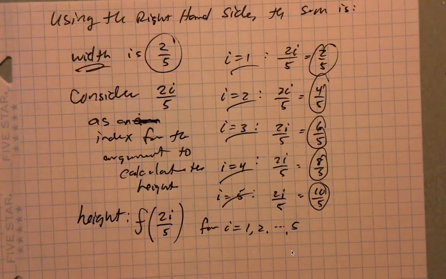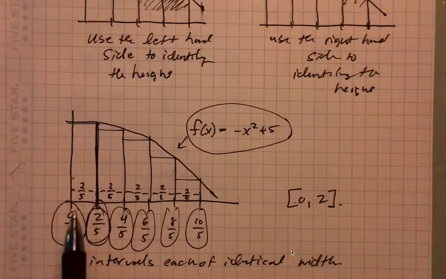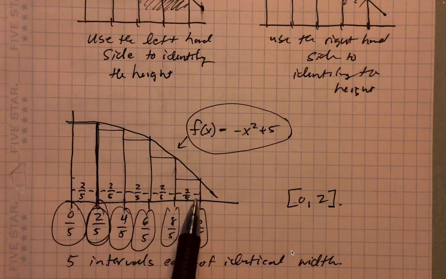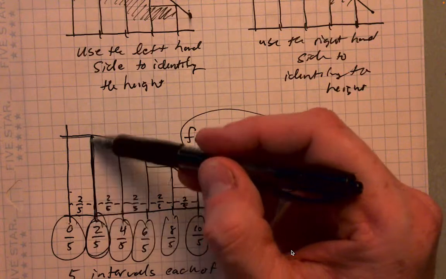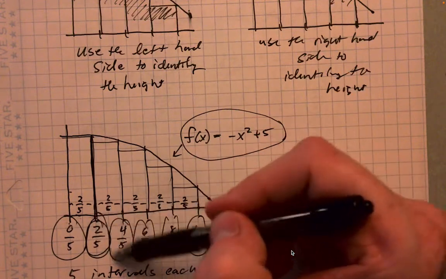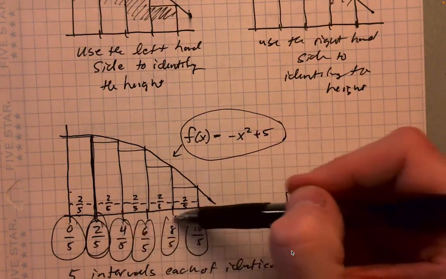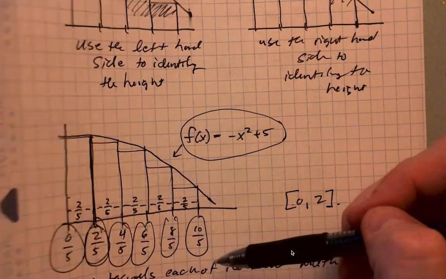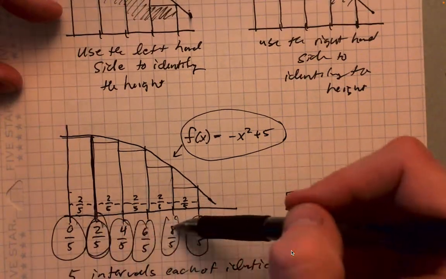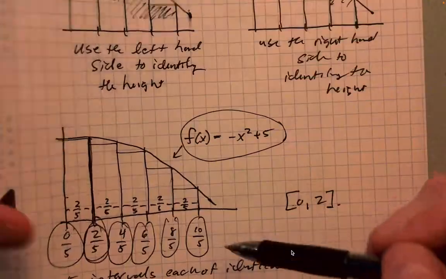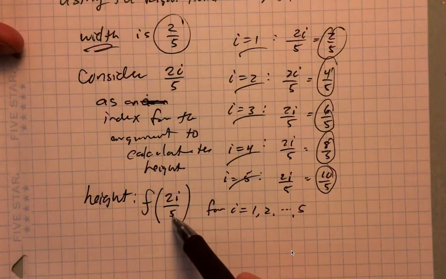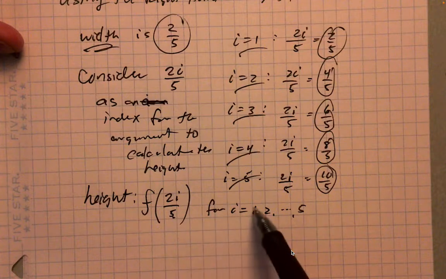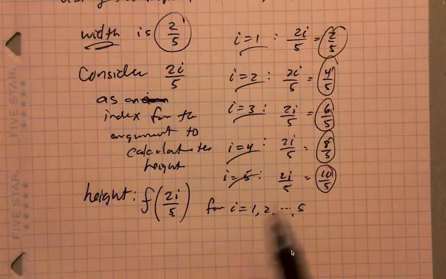So the width is always 2/5. The height is going to be the function evaluated at 2/5, then at 4/5, 6/5, 8/5, 10/5. A convenient way to write this is f of 2i over 5 for i equals 1, 2, 3, 4, 5.